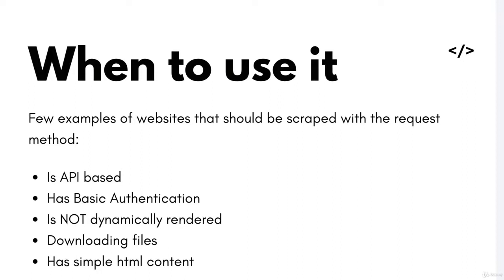Also, downloading files from certain websites can be very easy to do with the request library. I think you've guessed by now. In the easier cases, you should use request, but when the website has a lot of extra security behind it and is dynamically rendered, then you should choose another route and maybe a headless browser.